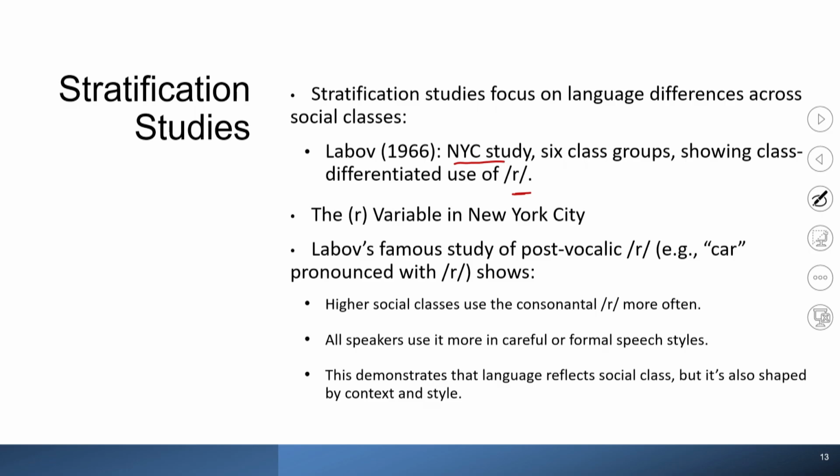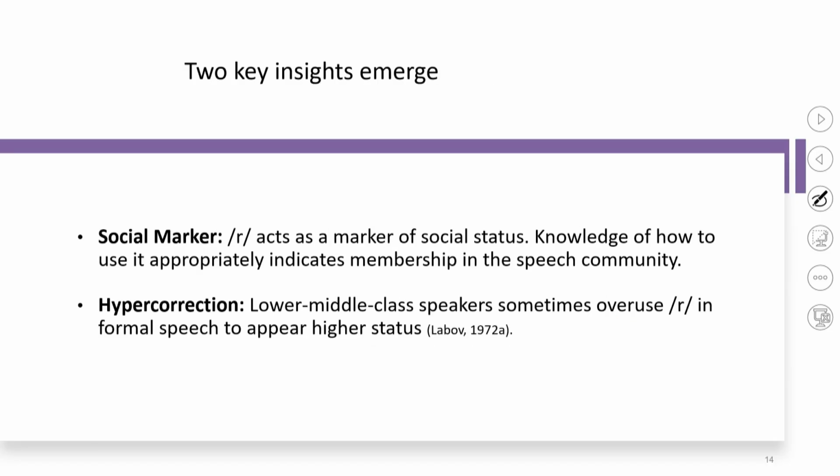What it showed was that higher social classes use the consonantal r more often. All speakers use it more in careful or formal speech styles. Now, this demonstrates that language reflects social class, but it is also shaped by context and style. So, the key insights that emerged from his studies were the social markers.